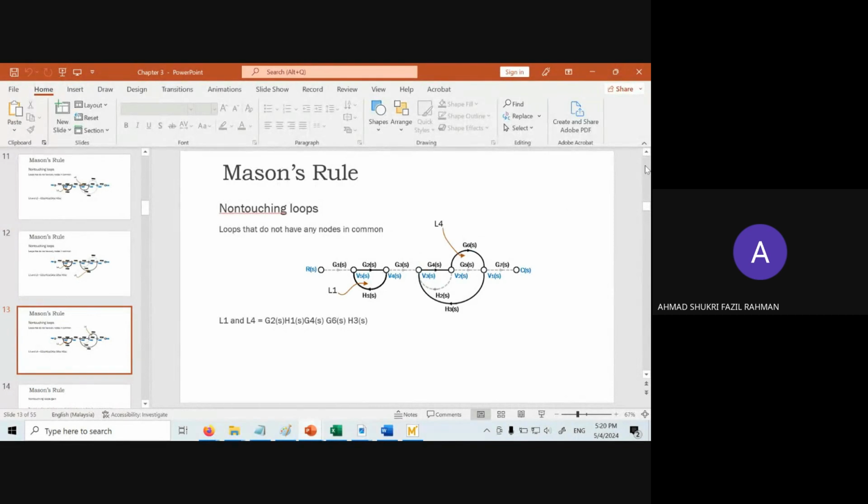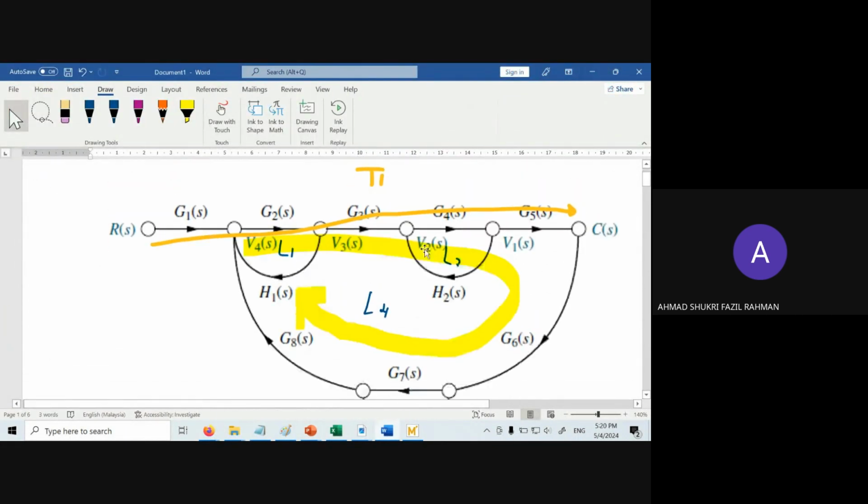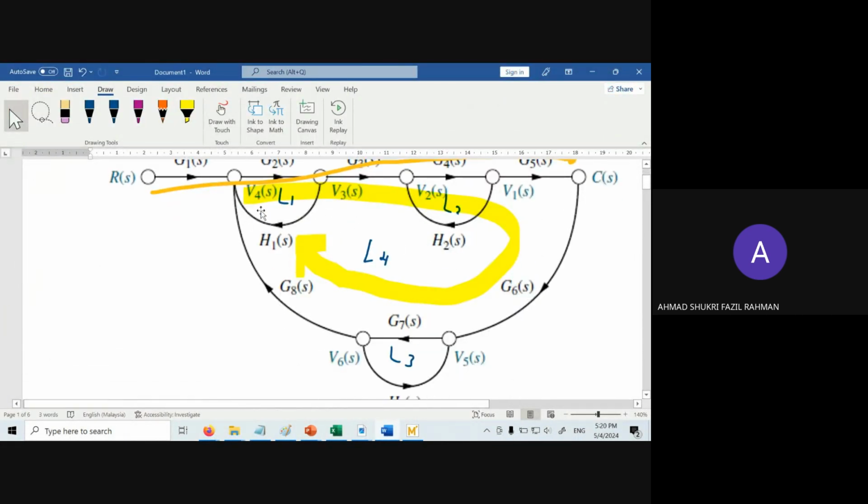So we go back to this example. You can see we have L1 and L2, L1 and L3. However, L4 is sharing the same path, so we cannot consider that as part of the non-touching loops.